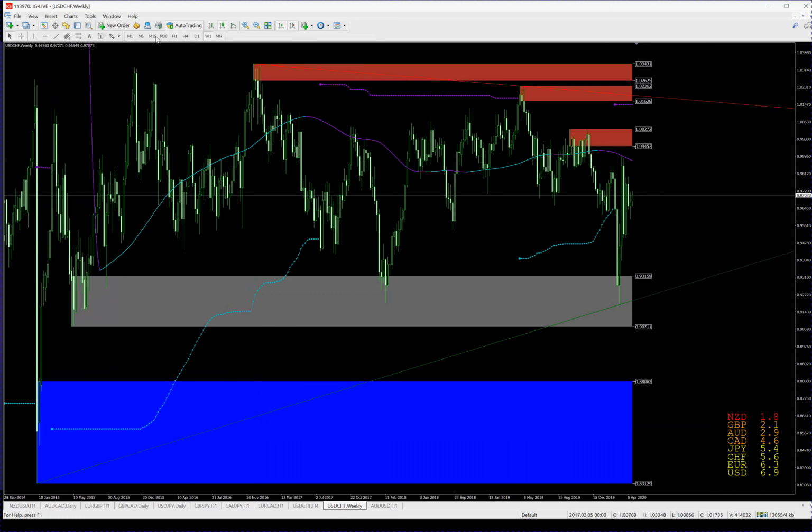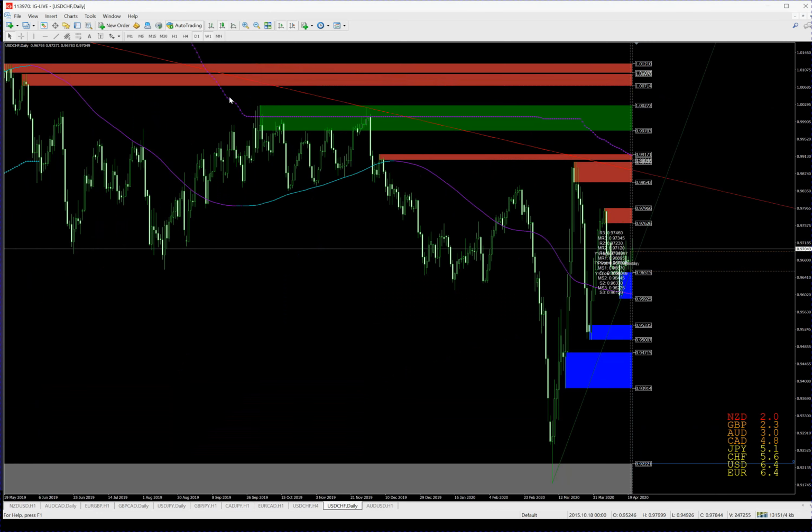We are in this holding pattern on the weekly between 1.03431 and 0.92270.